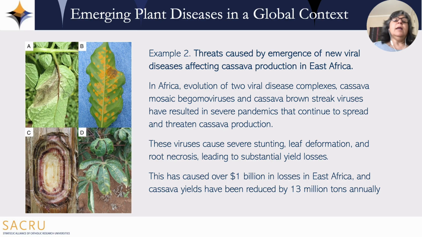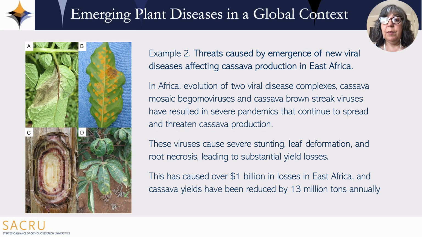The next case is a threat that is affecting the cassava production in East Africa. What happened is that in Africa two different new diseases caused by viruses evolved. One is called cassava mosaic begomoviruses, and the other is cassava brown streak virus.